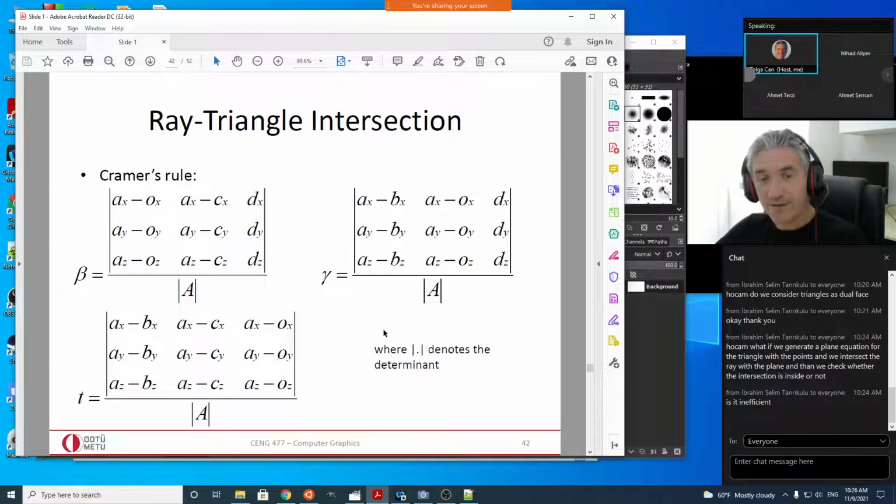Actually, the other alternative method, which is the intuitive one that you just mentioned, is to generate the plane equation for the triangle and then intersect the plane equation with the ray, and it will just be an equation with one unknown t. We are going to see that.